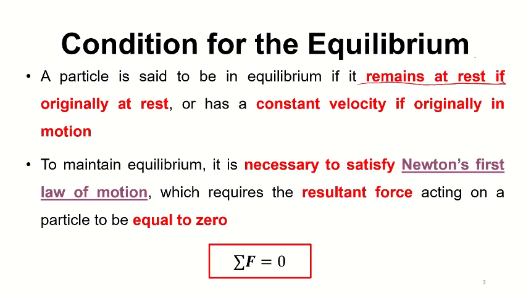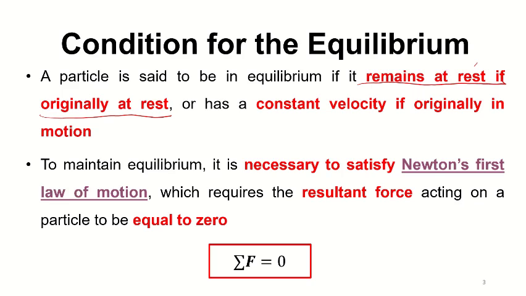At rest means no motion. If a particle is originally at rest and doesn't have any movement, then we say the particle is in equilibrium.